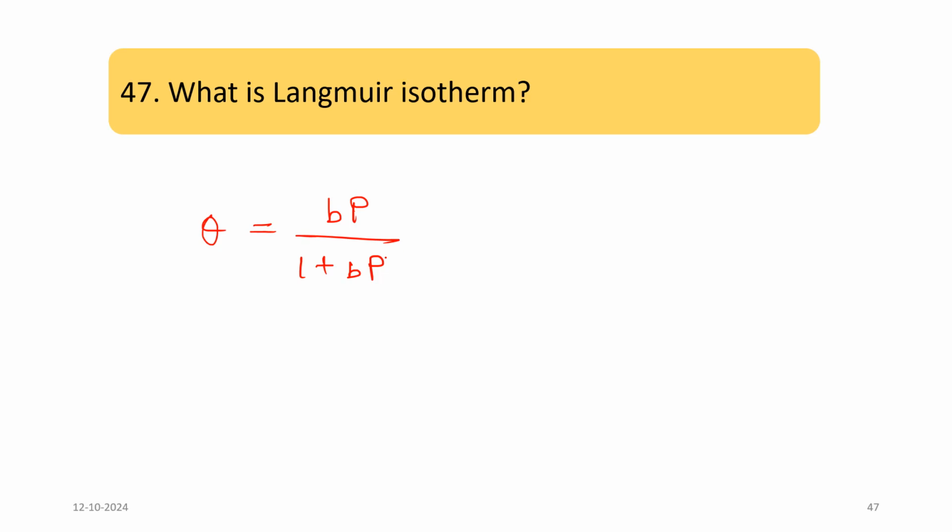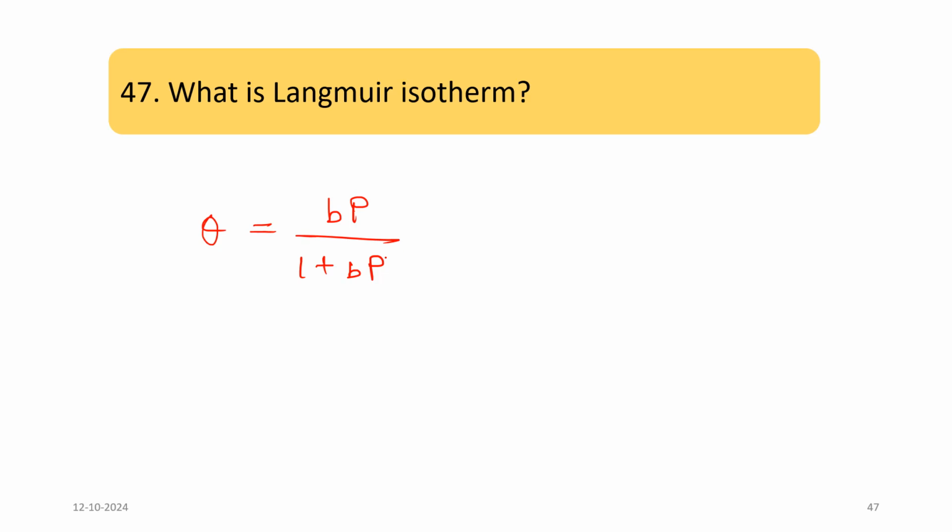So this is the Langmuir isotherm equation, and there are many assumptions in the Langmuir isotherm. The surface is homogeneous, that is, adsorption energy is constant over all sites. Adsorption on the surface is localized, that is, adsorbed atoms or molecules are adsorbed at definite localized sites.